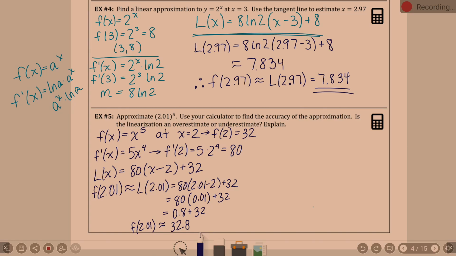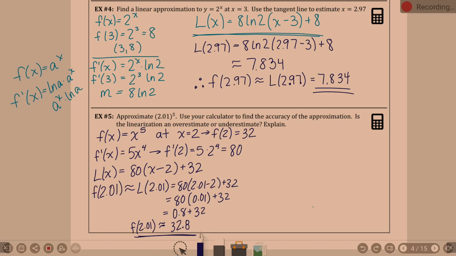I would say in science you start talking about significant figures. I started to say significant digits, and that's not the right terminology. But no, to my knowledge, if it's only 32.8, that's fine. You don't have to add zeros. Okay, now use your calculator. So here was the approximate. We approximate it to be 32.8.